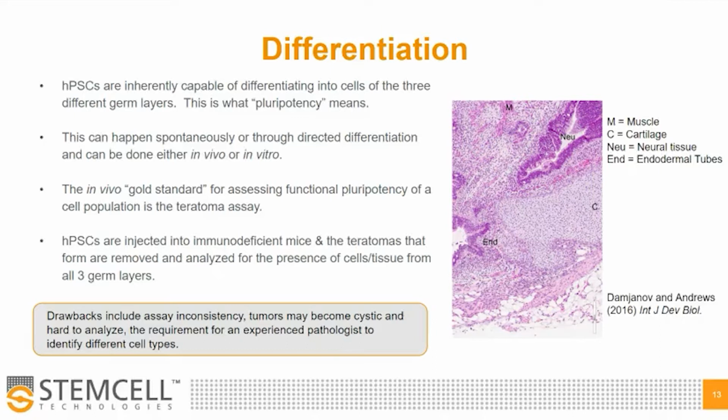However, there are many drawbacks. Depending on the paper cited, there is inconsistency with respect to the injection site, the number of cells implanted, the vehicle for injection, the age and strain of the mouse, when to harvest the cells, etc. As well as this, many teratomas can become cystic and difficult to analyze, and there's always a requirement for an experienced pathologist who can identify all different possible cell types, making this a very costly experiment.